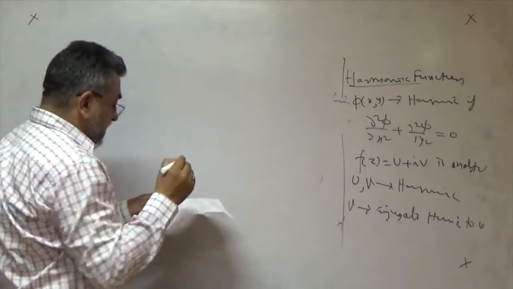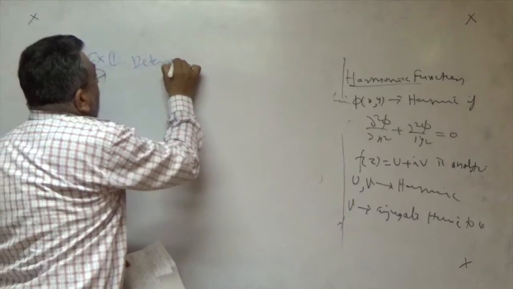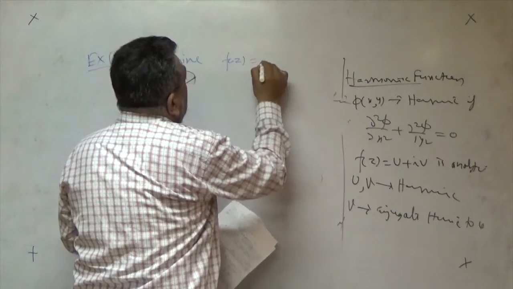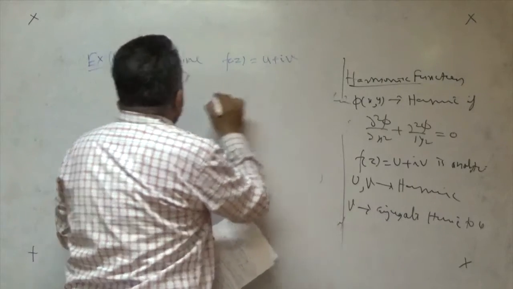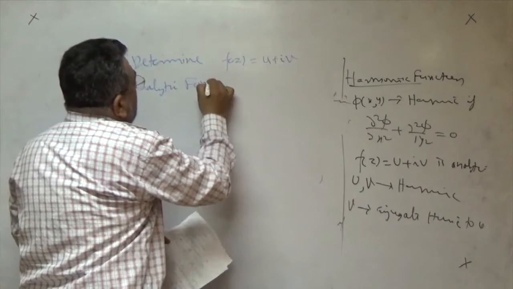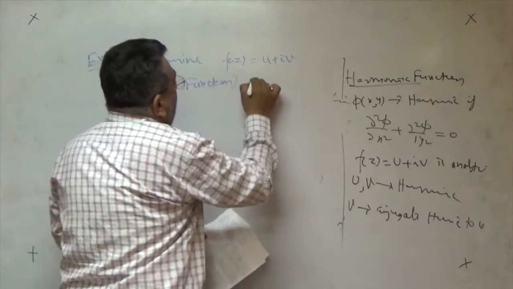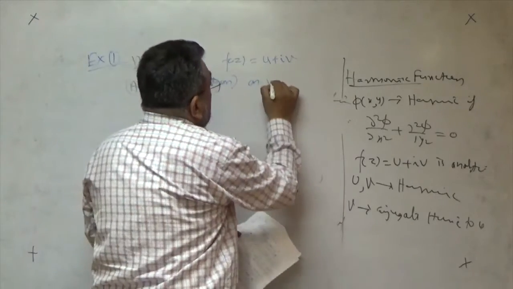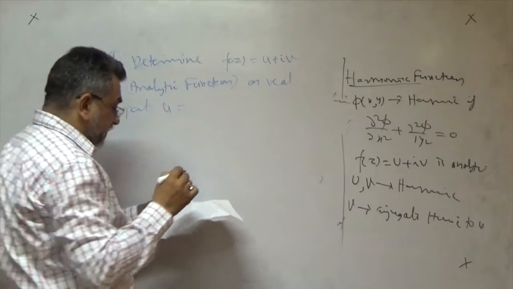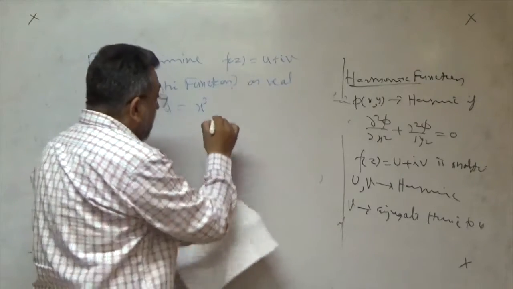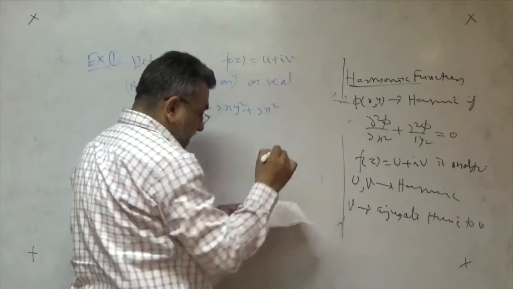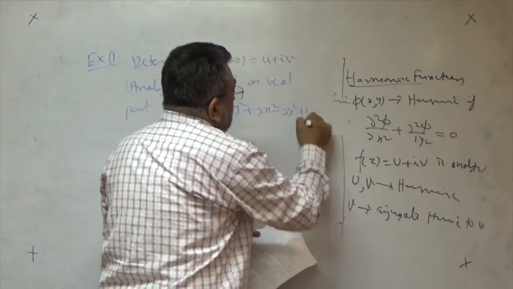Determine f(z) equal to u plus iv, an analytic function, with real part u equal to x cube minus 3xy square plus 3x square minus 3y square plus 1.